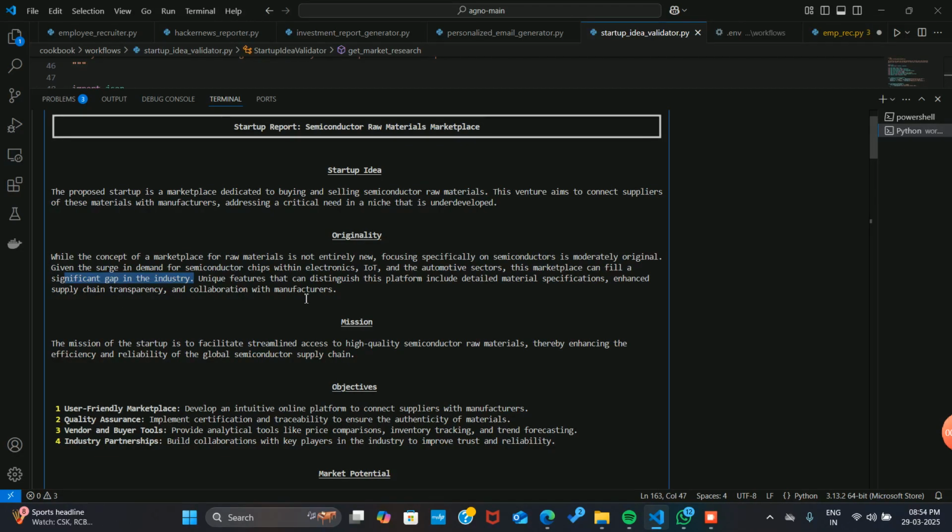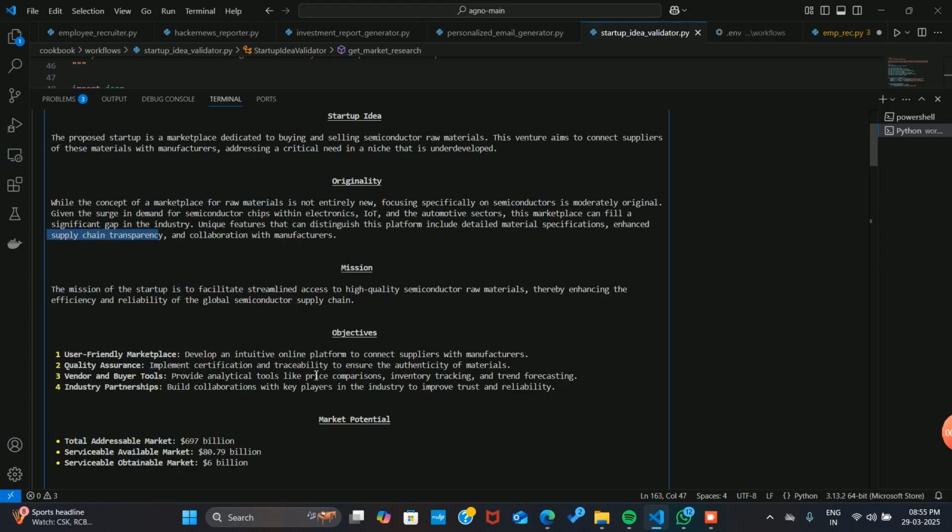Unique features that can distinguish this platform include detailed material specification, enhanced supply chain transparency, and collaboration with the manufacturers. From all of this, I reckon it would be cash intensive, especially around the supply chain.